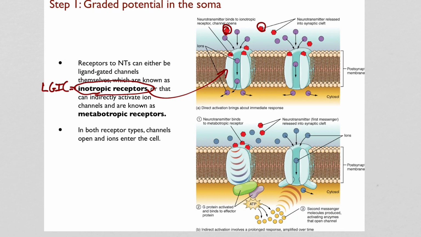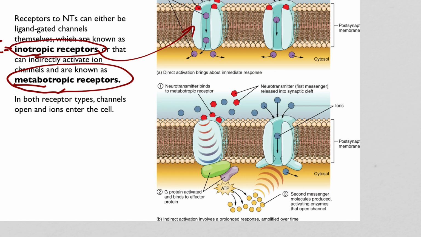The other variety of these receptors are called metabotropic receptors because you need some sort of metabolic reaction to have their effect. And so in this case, the end result is the same, but it's indirect. So now our neurotransmitter binds to a receptor. That receptor activates usually a protein called a G protein.